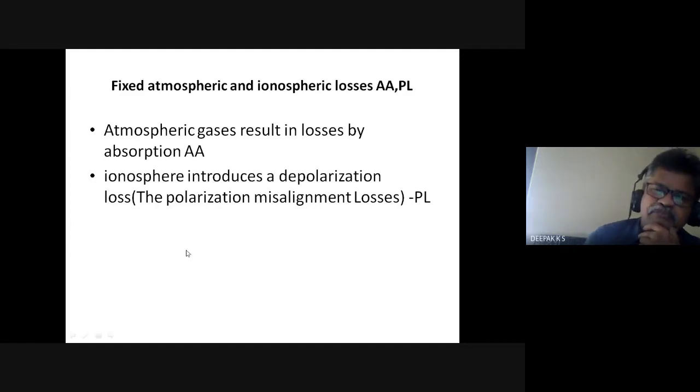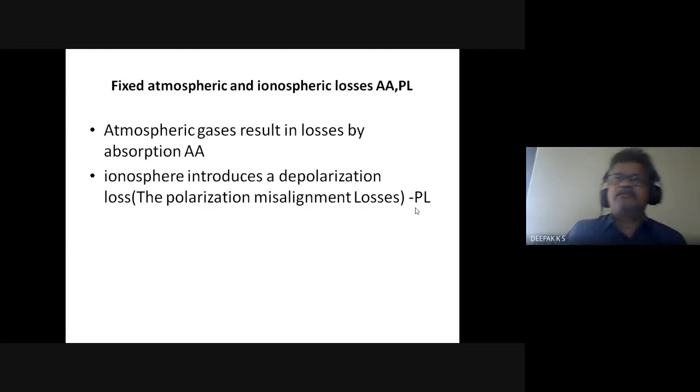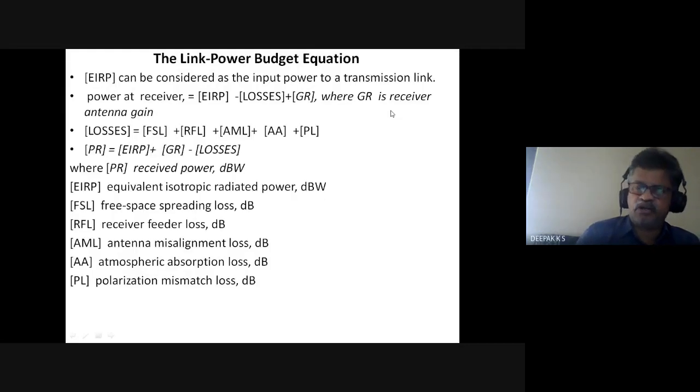However, the ionosphere will introduce some depolarization, and that can be considered as a loss. So you may send a vertically polarized signal. There are many other factors which will introduce some depolarization, which is accounted by this loss. So all these losses are small when compared to free space loss.